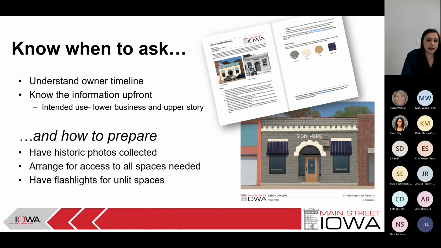And if you're having an on-site visit, make sure that you're prepared for that, by having proper access to all the spaces that we'll need to look at. This might mean making sure that a person has the key to all the spaces that we need to look at, or make sure that those spaces are unlocked prior to the visit.